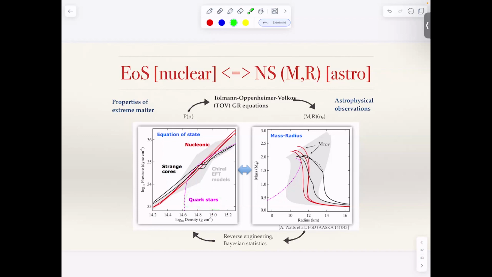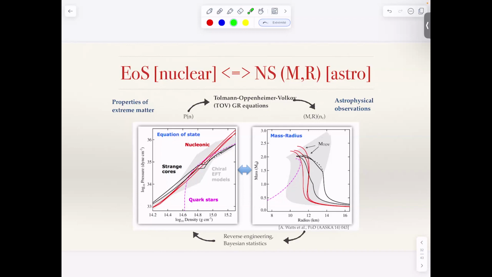The point is that the density at the surface of the star, where the pressure is zero, is of the order of nuclear matter.